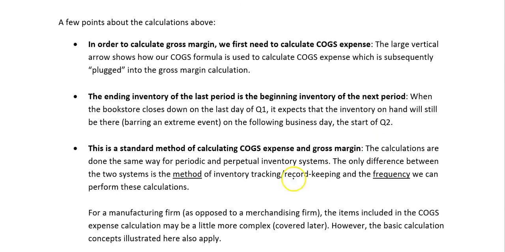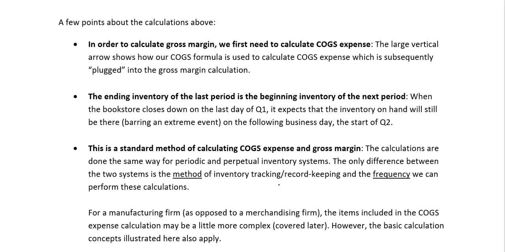Third conclusion, there's a standard method of calculating COGS expense and gross margin. The calculations are done the same way for periodic and perpetual inventory system. Perpetual we'll look at next. The only difference between the two systems is the method of inventory tracking slash record keeping and the frequency we can perform these calculations.